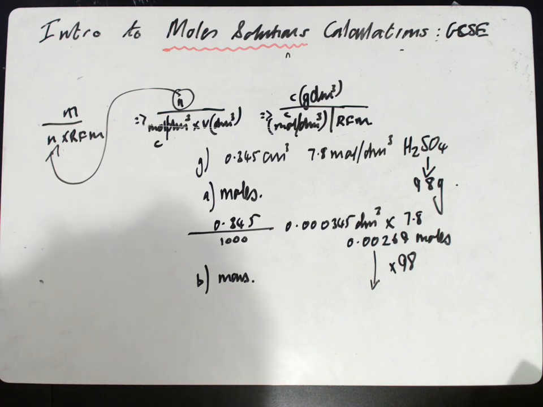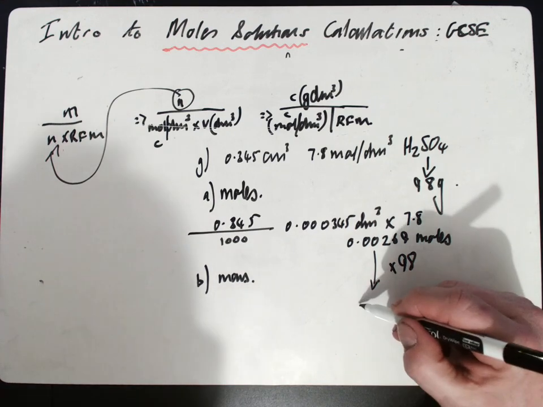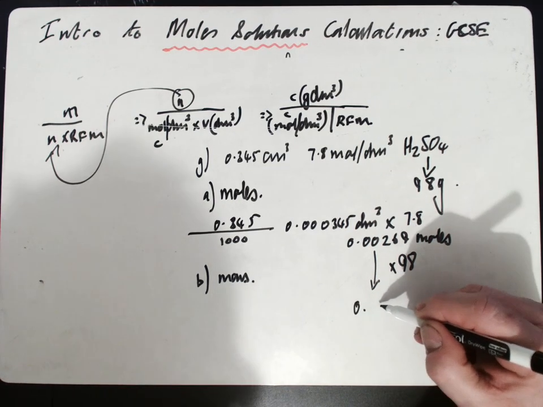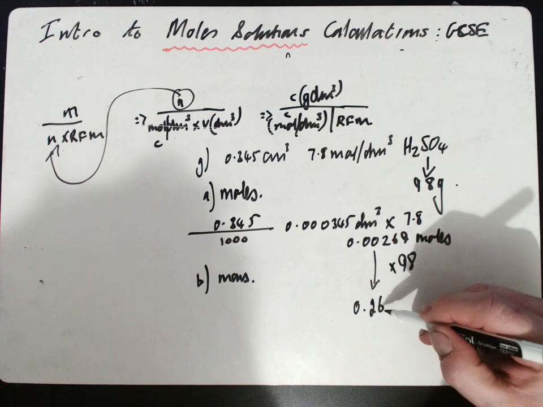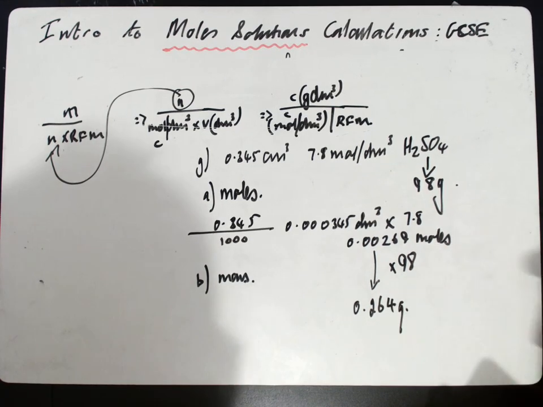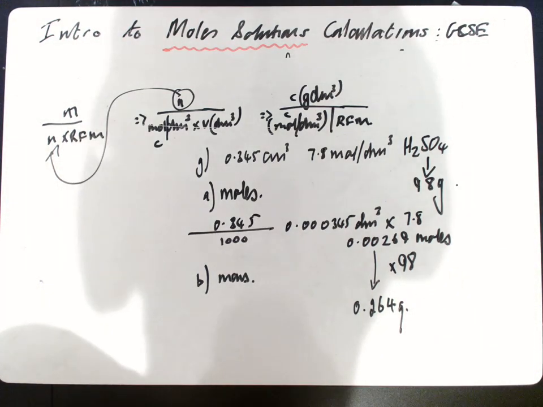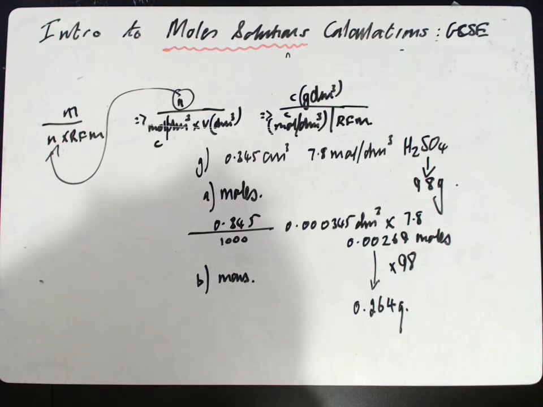So 0.00269 times 98 gives me a mass of 0.264 grams, and we'd expect a very low mass there. It's always good to double check or estimate your answer.